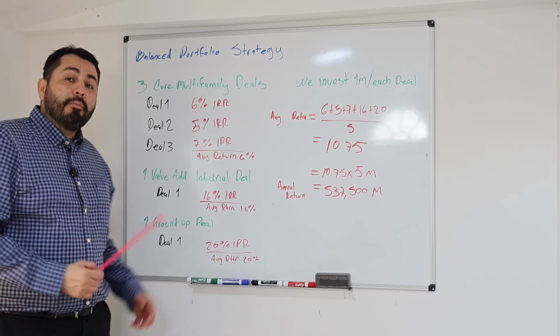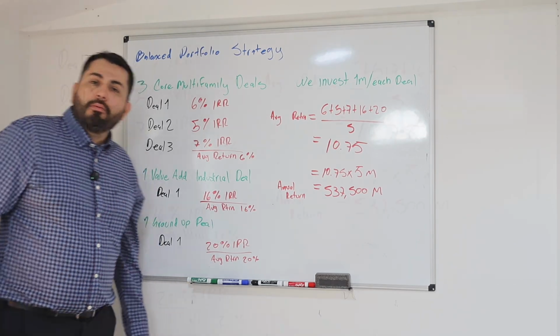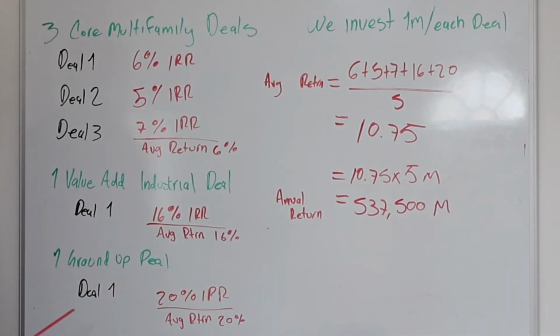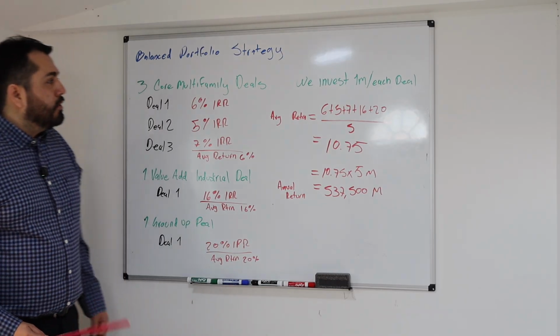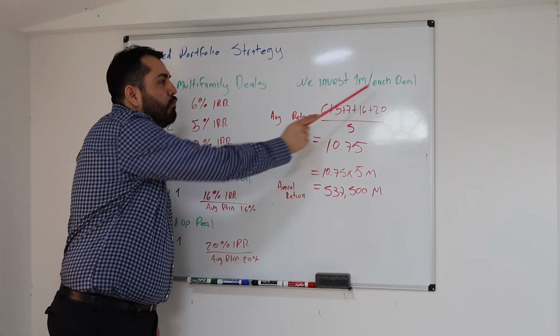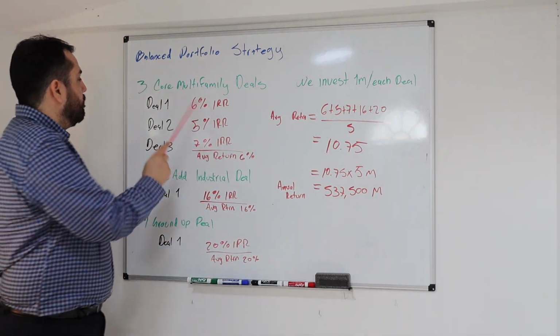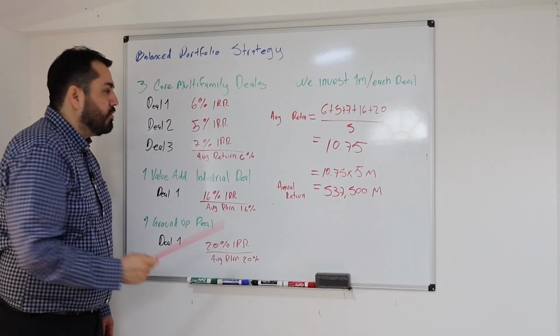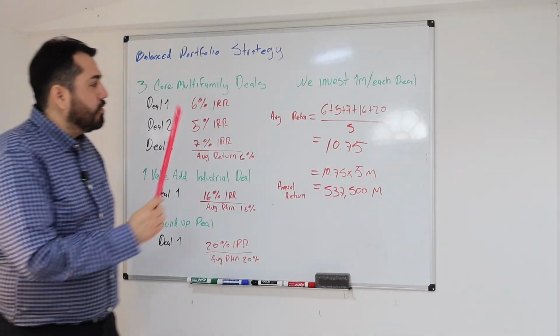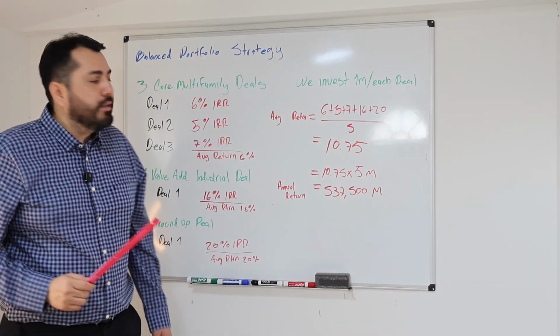And for the ground-up, we made 1 ground-up development, industrial maybe, and we get this 20% internal rate of return. So we invest 1 million in each deal. In each multifamily, we invest 1 million, and in each industrial we invest 1 million, so in total it's 5 million we invested.